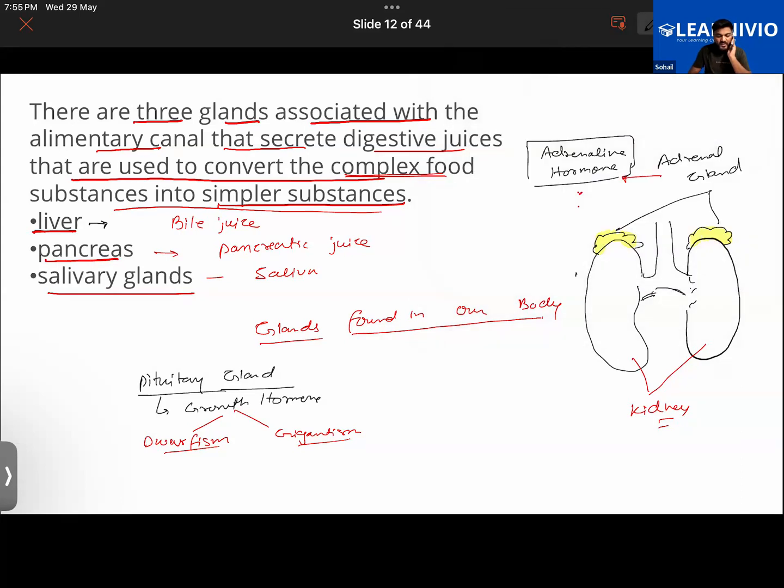Okay, good. So you have the pituitary gland. Apart from this, you have the hypothalamus, the adrenal gland, the mammary gland, and the parathyroid gland.